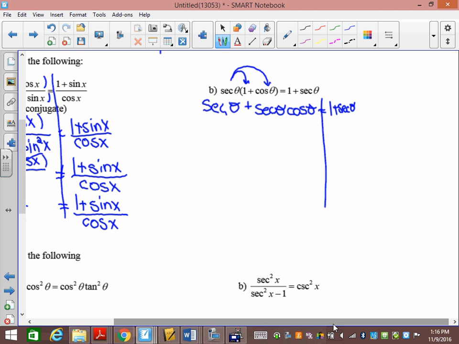Now I have a secant theta and a secant theta. I need this to be a 1. Well, secant theta is going to stay secant theta because I need it to still be secant theta. Secant theta I can write as 1 over cos theta times cos theta over 1.